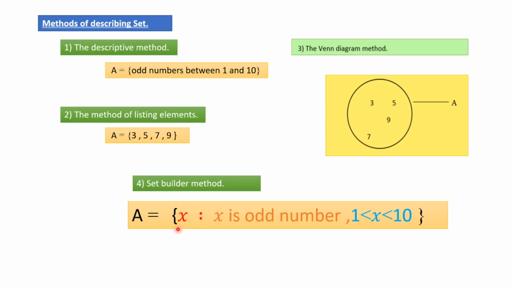This is compulsory. That means what is x. So x is a variable you are going to tag with these elements. So x can be 3, x can be 5, x can be 7, x can be 9. x is an odd number. The second part is the description, and the last part is the limit.